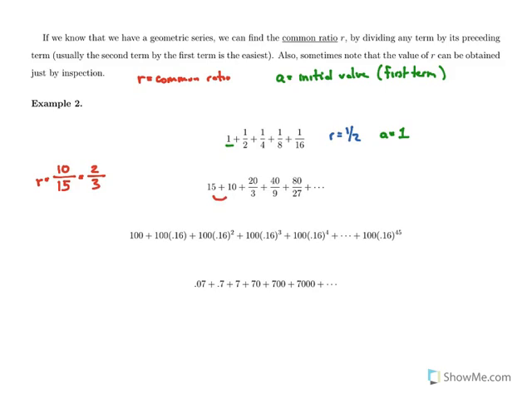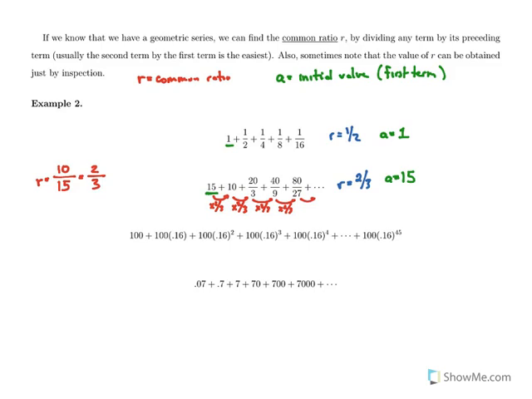And you could verify that this is our ratio because each term is gotten from the previous one by multiplying by 2/3 each time. And that would continue forever. So in this case, r is 2/3, and our a value is 15.